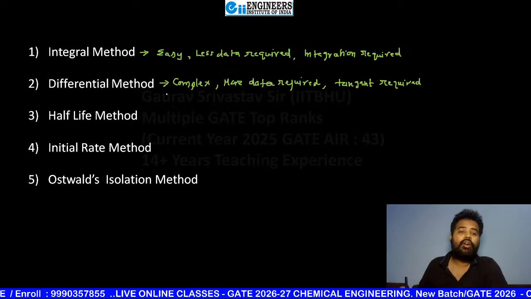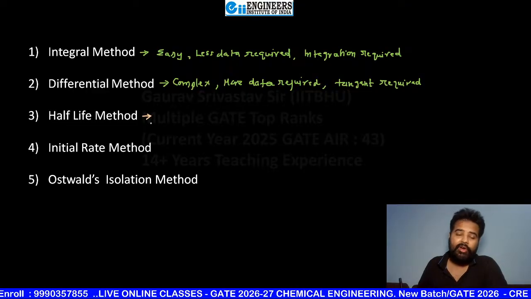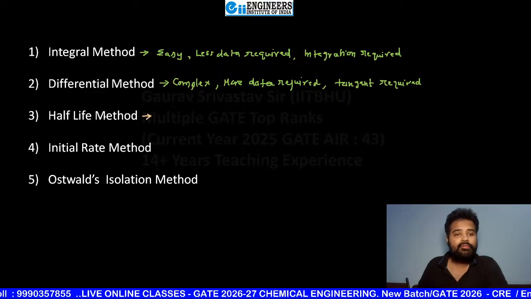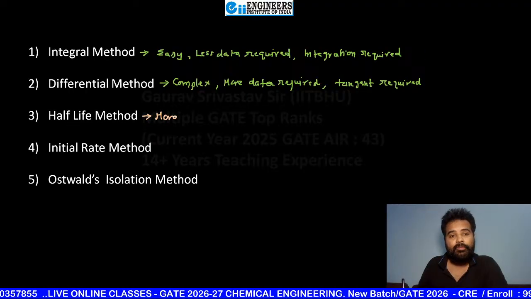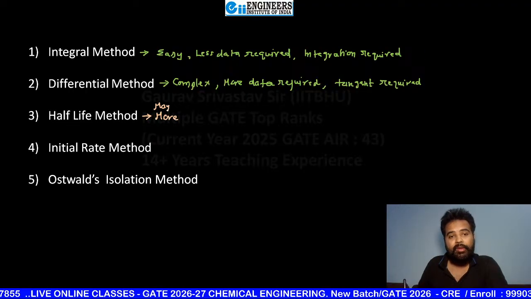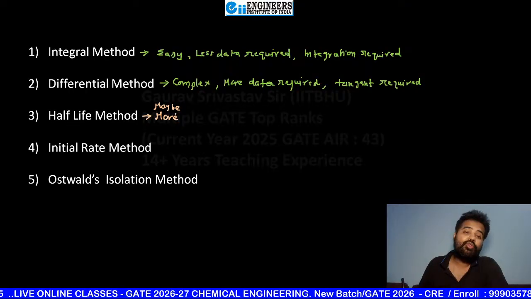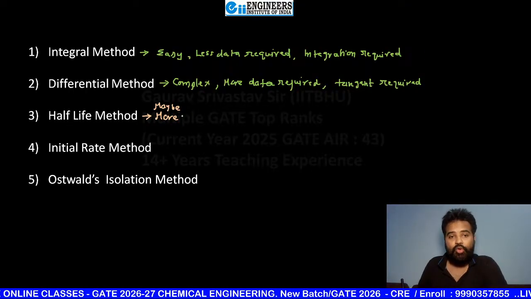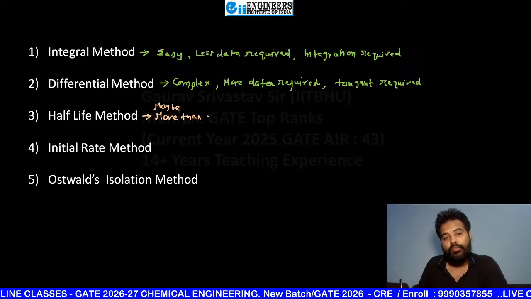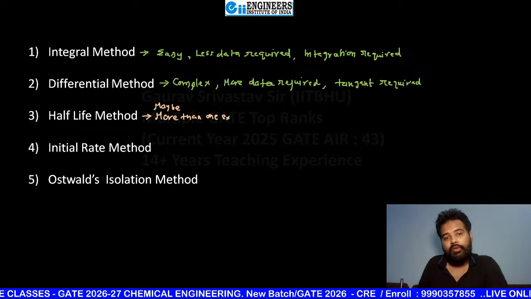Like in the half-life method, if you want to write something, then here more than one experiment required. Maybe you can write maybe, because maybe the products are going to affect the reaction kinetics. So in that case, more than one experiment required.